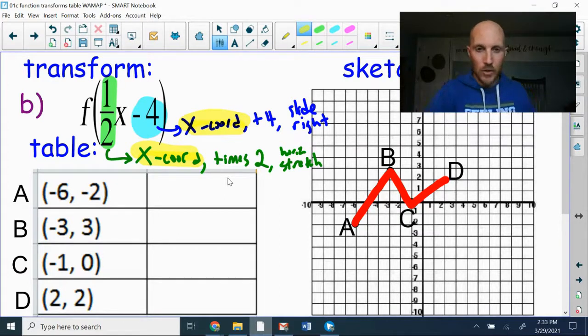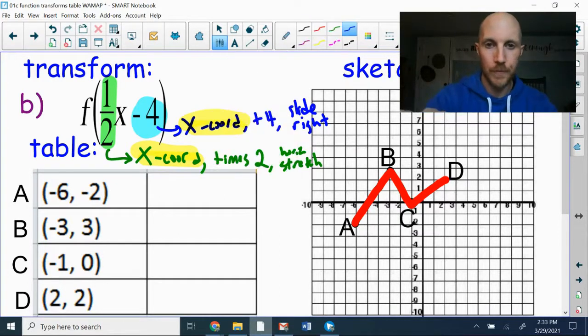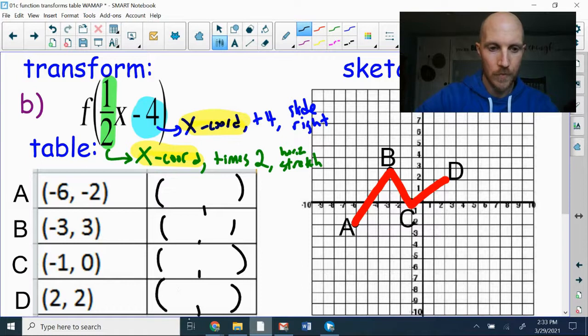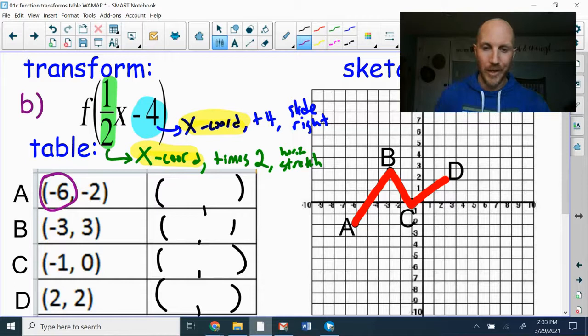So I'm going to take each of these points. Let's just get this set up and get some parentheses for my coordinates. The x coordinate for our point A is -6. I'm going to multiply by 2, then add 4. And I need to do it in that order. Otherwise, I'm not going to get the right answer. If I do the addition by 4 first, it's going to be a different answer.